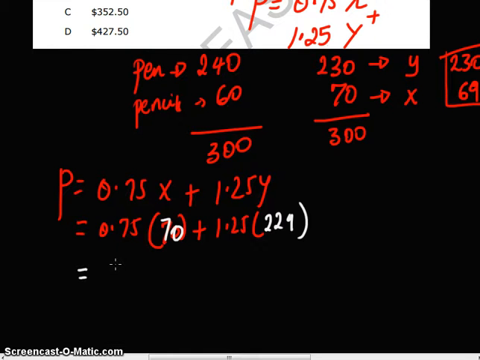0.75 times 70 is gonna come out as 52.5, plus 1.25 times 229 is gonna be 286.25.